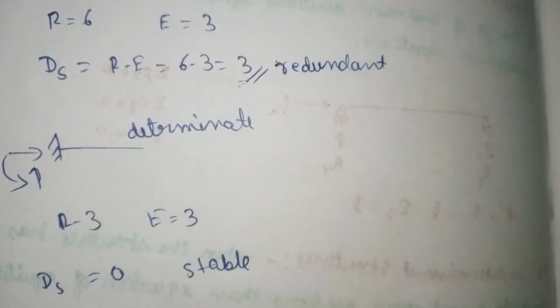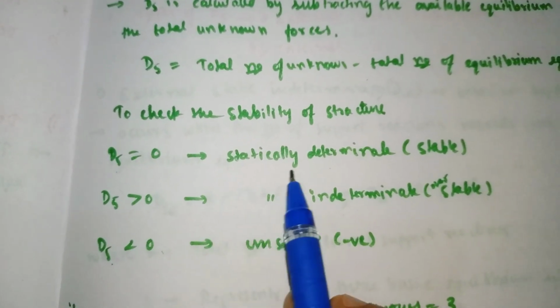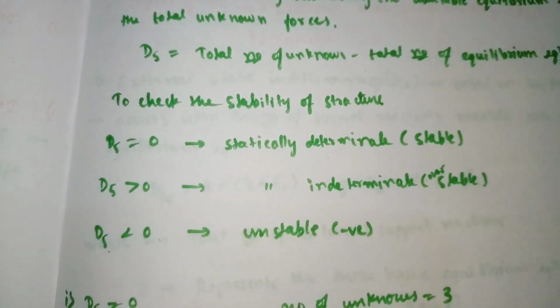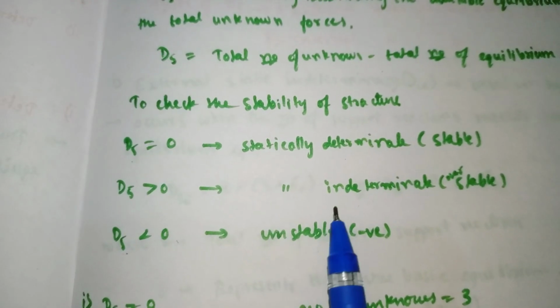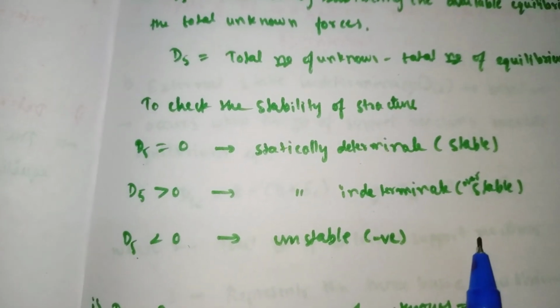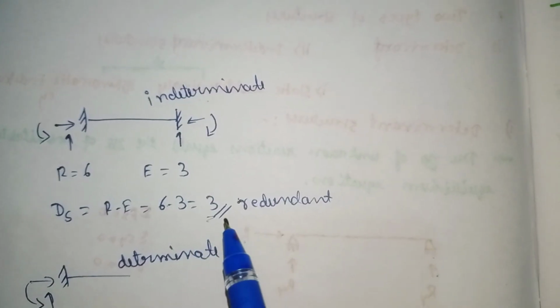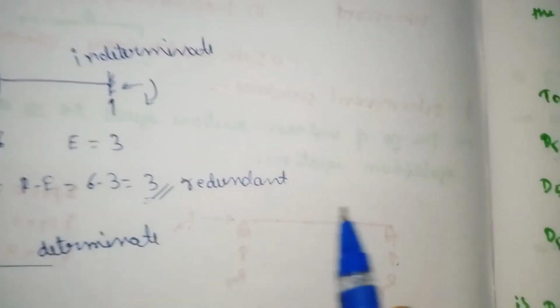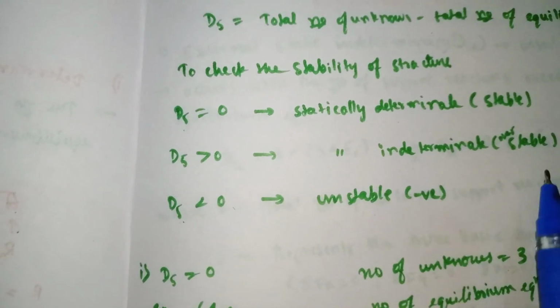When our ds is equal to 0, our structure is statically determinate, which means it is stable.